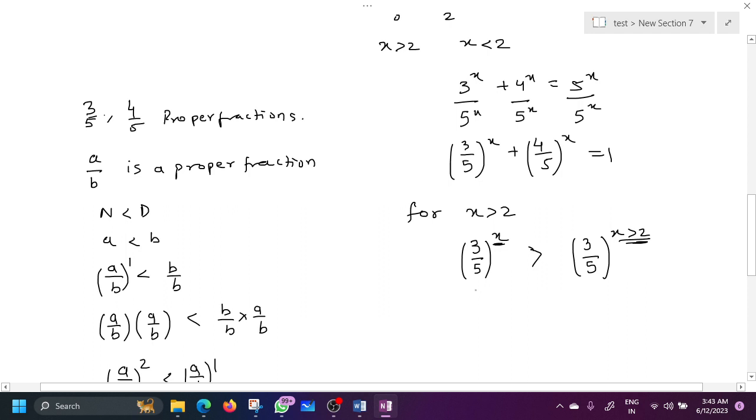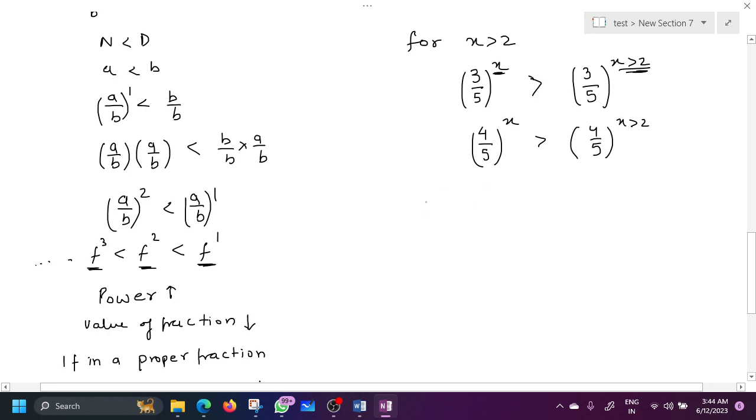So 3 by 5 power x will always be less than 3 by 5 power 2, for x greater than 2. Similarly for the second fraction, 4 by 5 power x will always be less than 4 by 5 power 2, for x greater than 2.